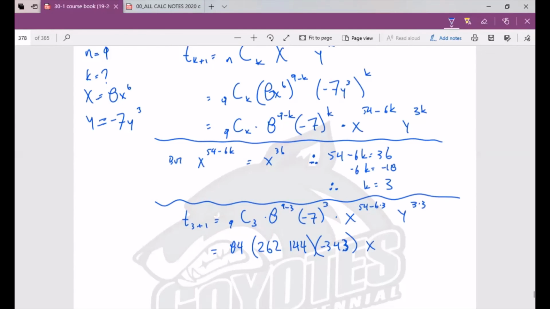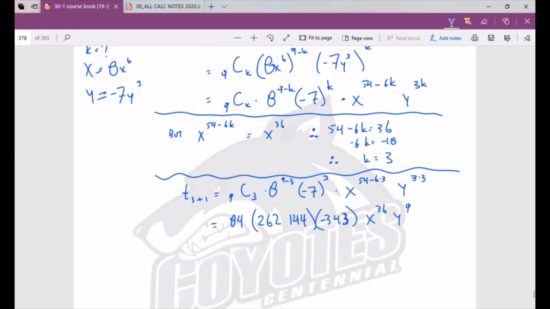And then what do we have for x and y? This is x to the 36, y to the 9. This is t4. So t4 is equal to, when we multiply that all together, we get negative 7,552,892,928 x to the 36, y to the 9.